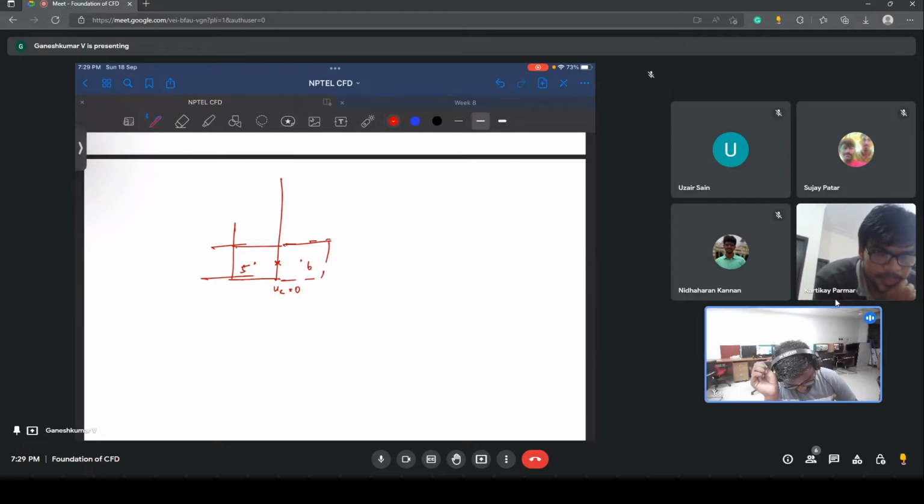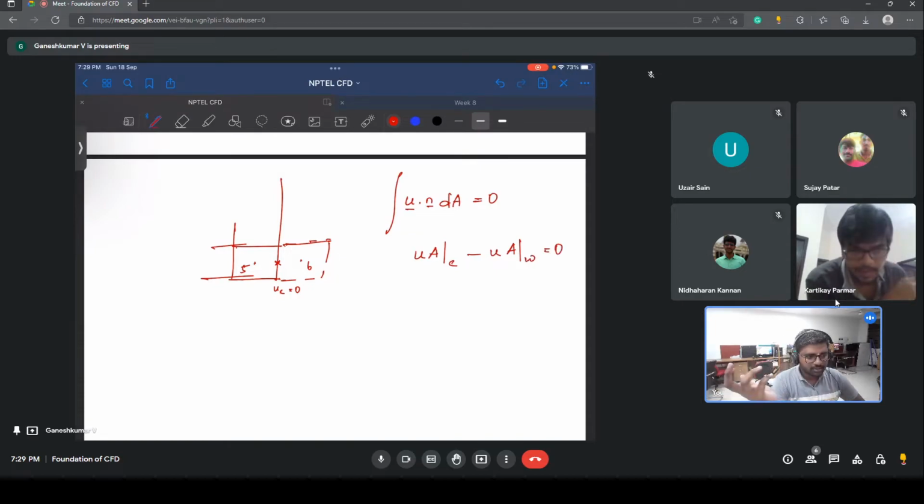Let's say the equation is the integral of u (u dot n) dA equal to 0. For this equation, you write u squared at the east face minus u squared at the west face is equal to 0. This is how you will write it.